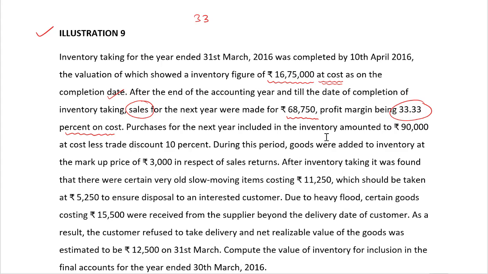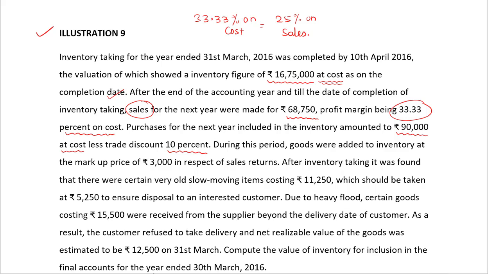So we have to convert this on sales. 33.33% on cost equals 25% on sales. Purchases for the year included in the inventory amounted to 90,000, but this 90,000 is at cost less trade discount of 10%.